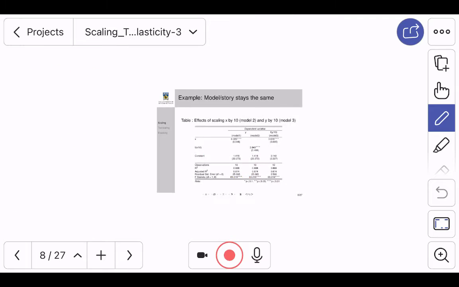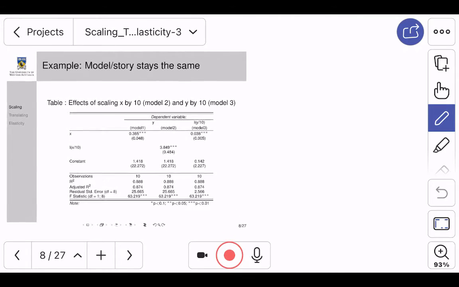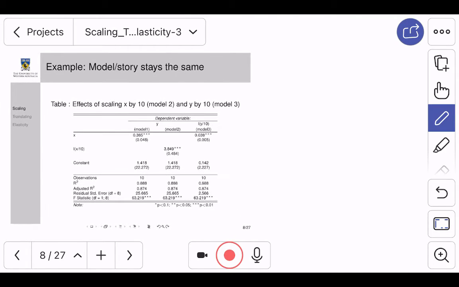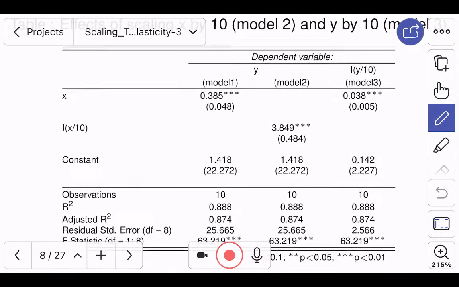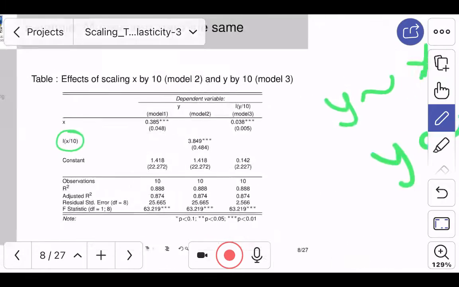Let's move on to an example where something was estimated in R. And of course, in one case, we had Y regressed on X simply, and then Y regressed on x over 10. I am just using the indicator operator here to show you what you do in R to do it on the fly, but that's not important.